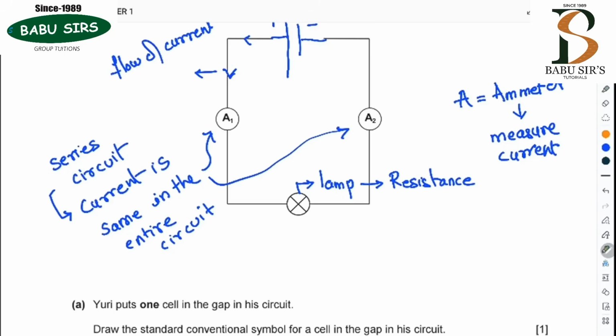Now if you want to check the voltage of this lamp, you connect a voltmeter before and after the lamp. So this is the voltmeter by which you can measure voltage.